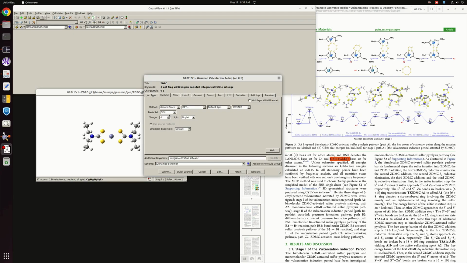And sometimes in Gaussian, like in this example, here we have ZN, which has 30 electrons. If we do this calculation with a basis set like GEN, it will take a lot of time, as it will consider all the electrons present in the atoms.